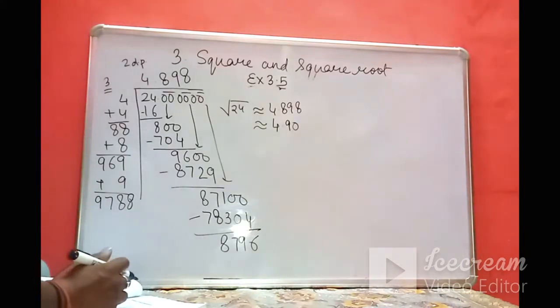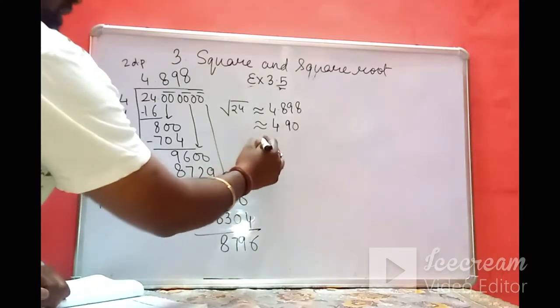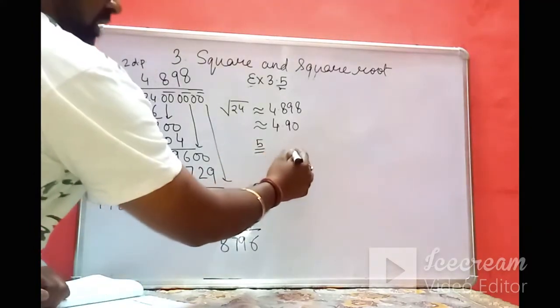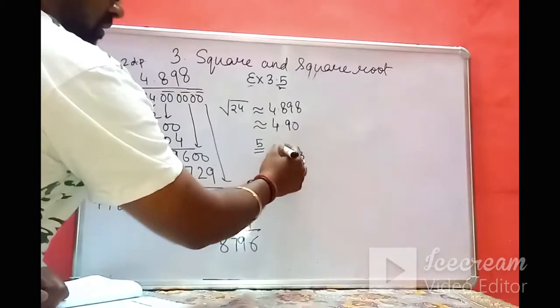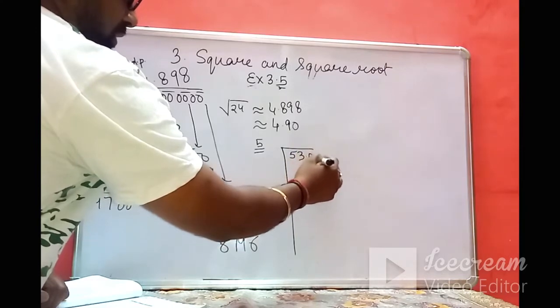Now let's discuss one more question so that you understand it better. The fifth one is 53. So decimal, then 3 pairs.